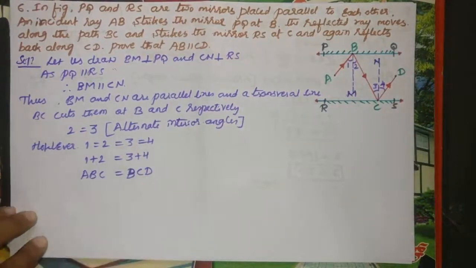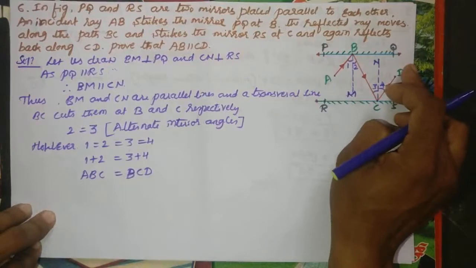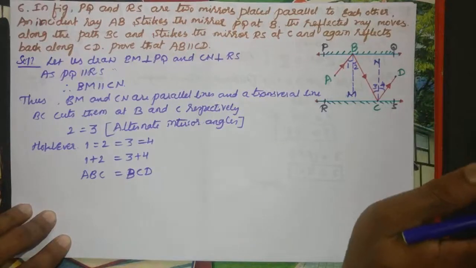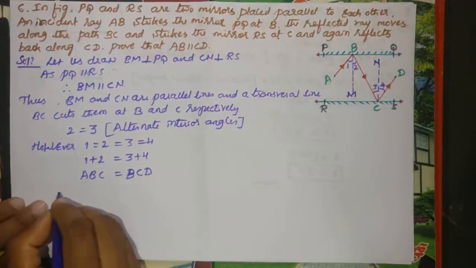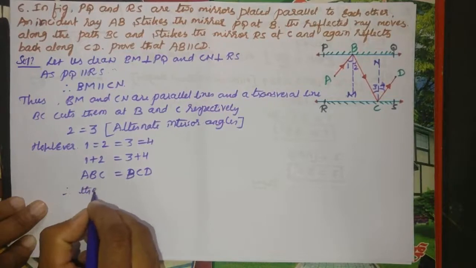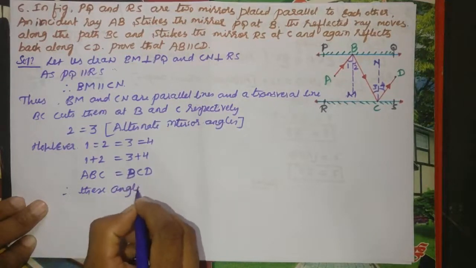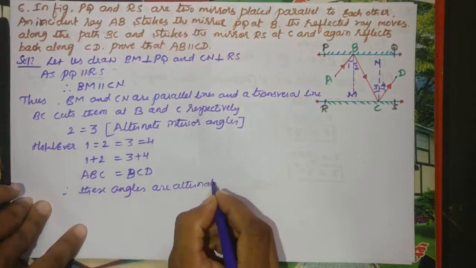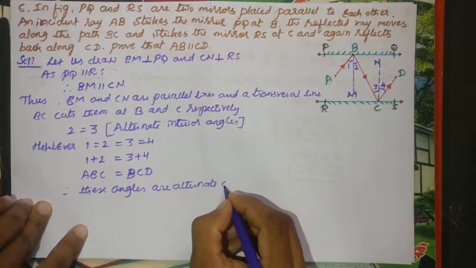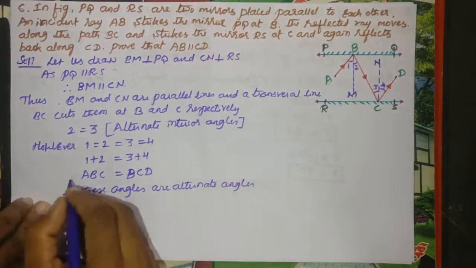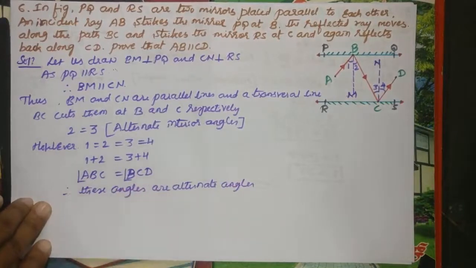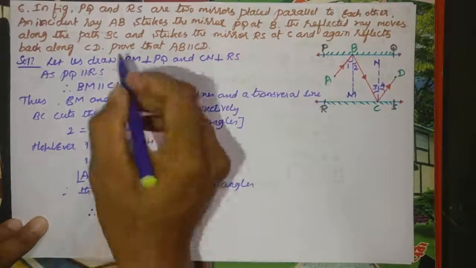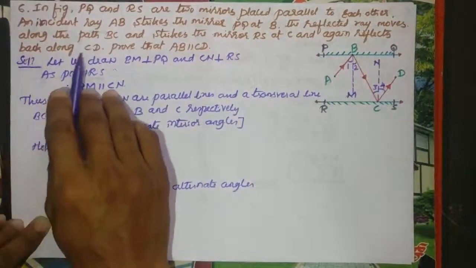However, these are alternate interior angles. Therefore, AB is parallel to CD. Angle ABC is equal to angle BCD, so these angles are alternate angles.